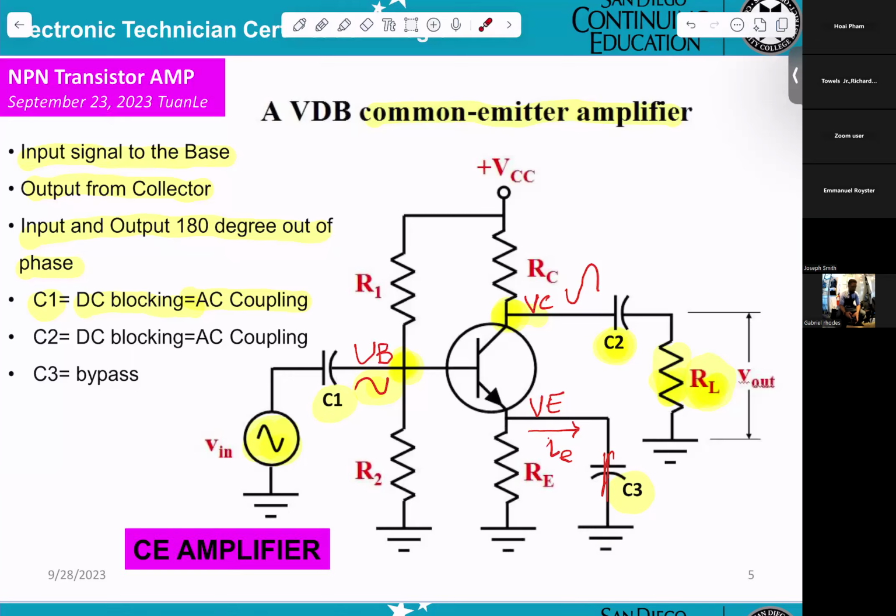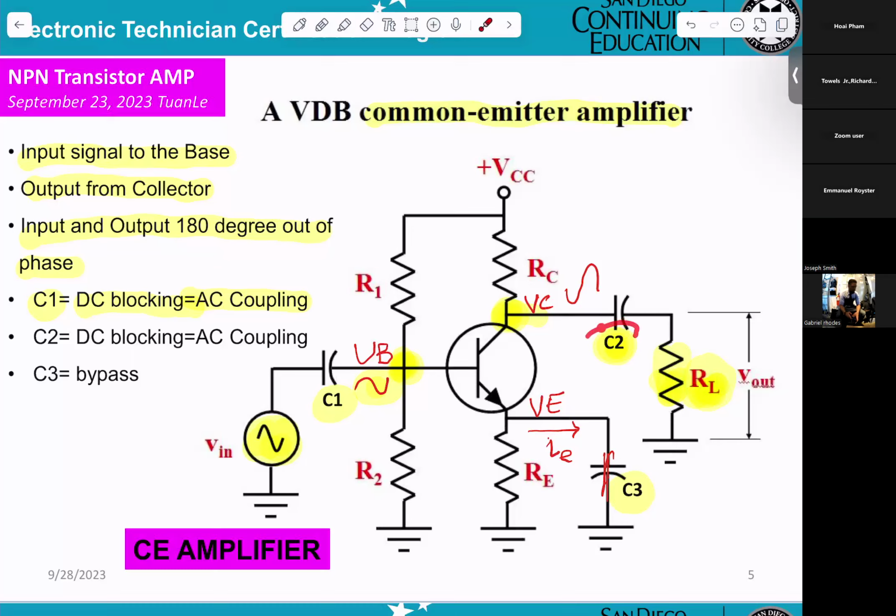C1, DC blocking, AC coupling. That's only telling you that at the input coming here, only AC will go through to the base of the transistor, not DC. C1 will block DC, and only AC can go. That's what they call AC coupling.